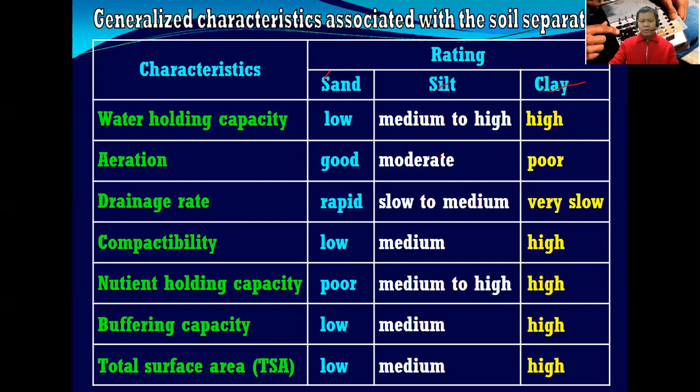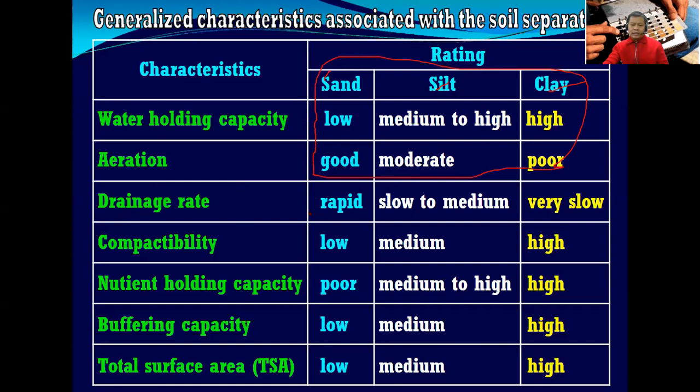So it should be a good mixture between sand, silt, and clay in order that you would say that the particular soil is of good texture. So dapat sa tamang proportion ng mga sand, silt, and clay para maganda yung aeration at maganda yung water holding capacity.